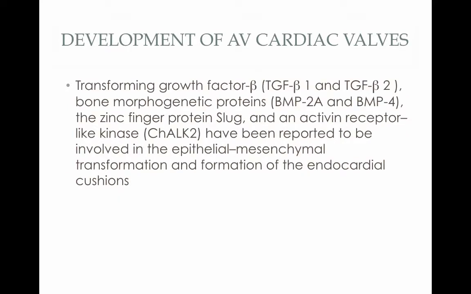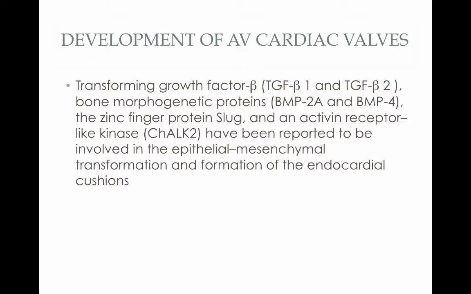So it's thought that in the development of these atrioventricular valves there's a growth factor, transforming growth factor beta, or TGF-beta 1 and beta 2. There are also components of bone morphogenic proteins, BMP 2A and 4.